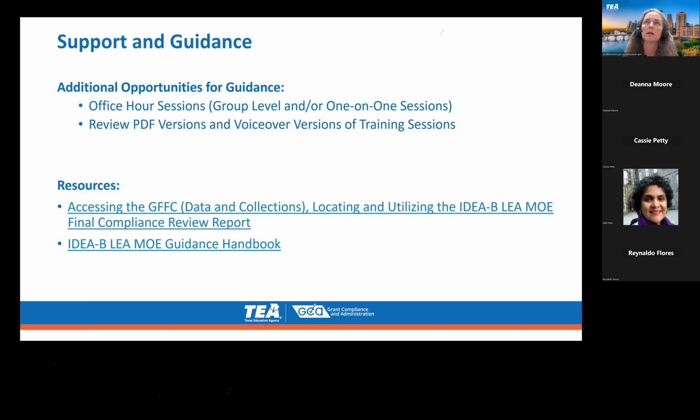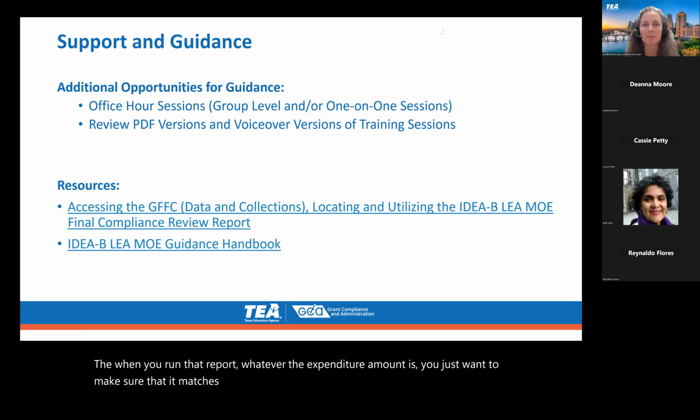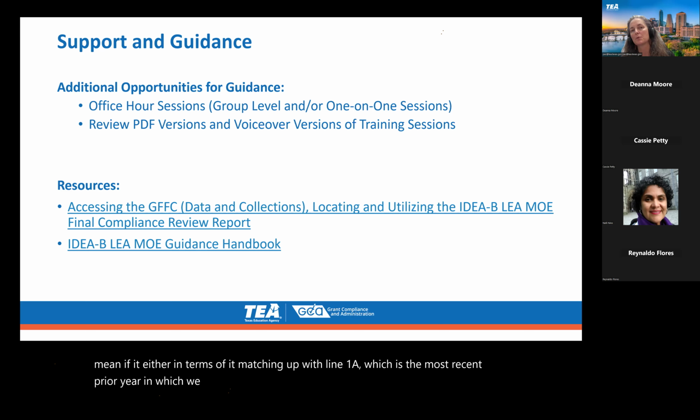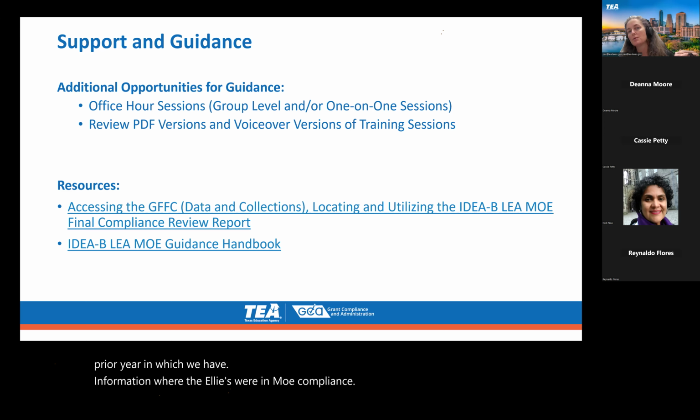Well, when you run that report, whatever the expenditure amount is, you just want to make sure that it matches what's on line 2 of the application. And in terms of it matching up with line 1A, which is the most recent prior year in which we have information where the LEAs were in MOE compliance, you want line 2 to either be as much as line 1A or exceed it.